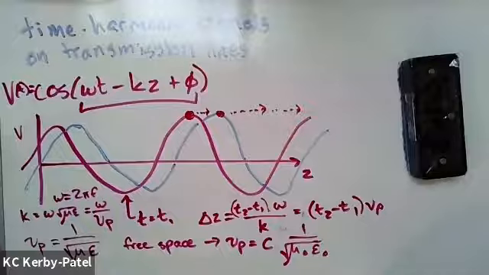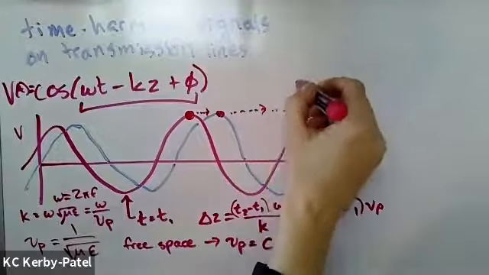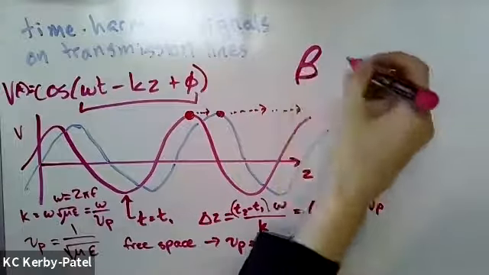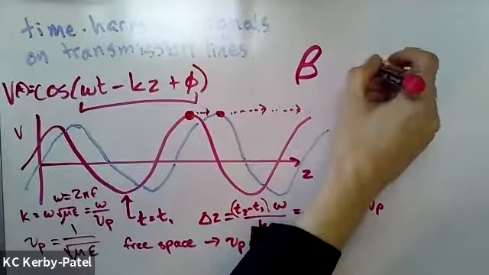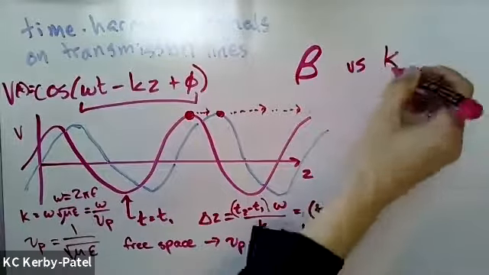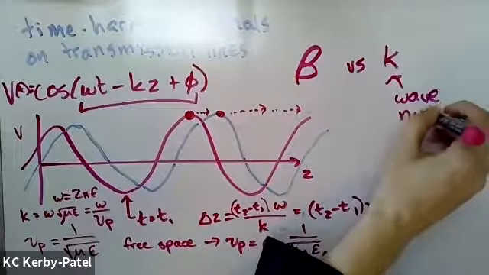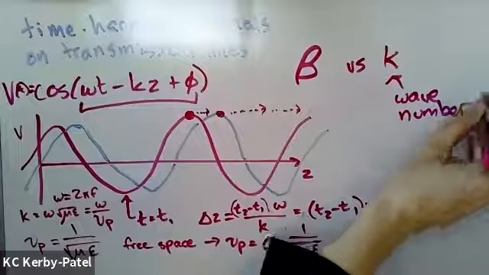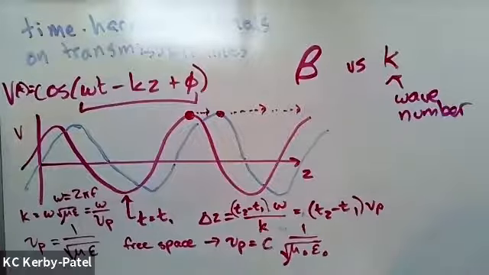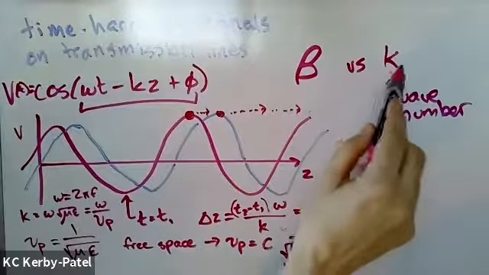For transmission lines, I want to make a note here. Your book uses the Greek letter beta for the phase constant instead of k. K is known as the wave number, which is a property of a medium that a wave propagates in, and it is usually for plane waves.